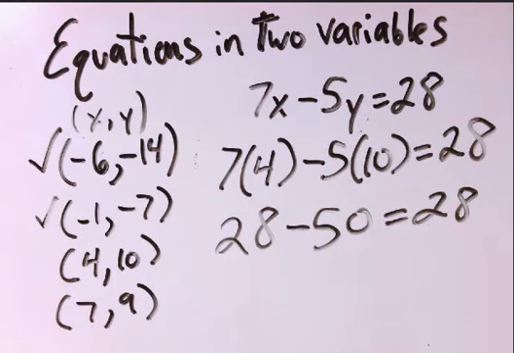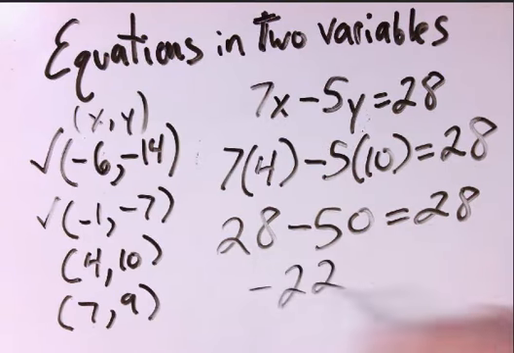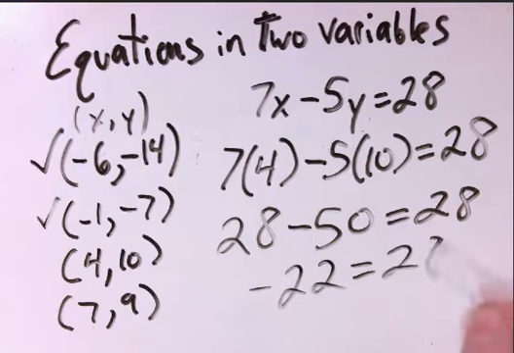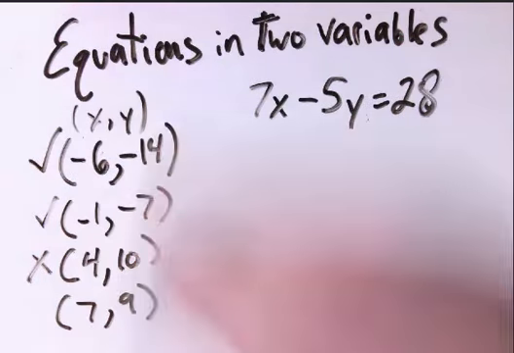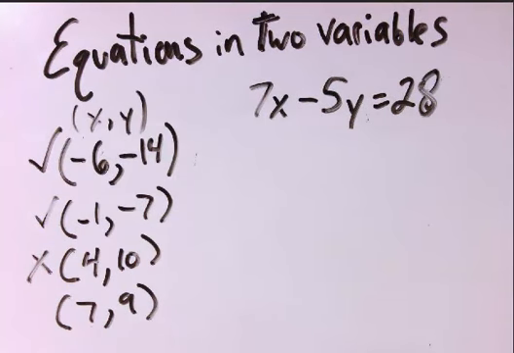So if we actually work this out completely, we get a negative 22 is equal to 28, which is not right, so we know that this cannot be one of the answers. So let's work through the last one here.